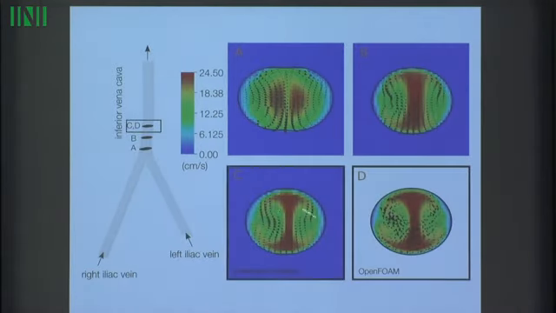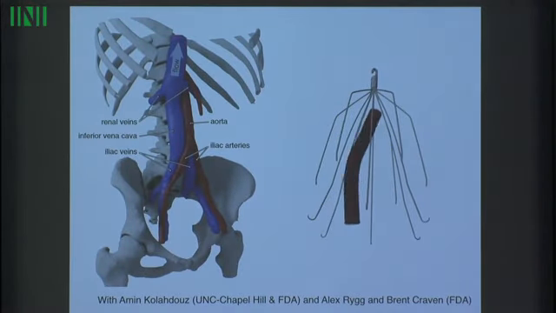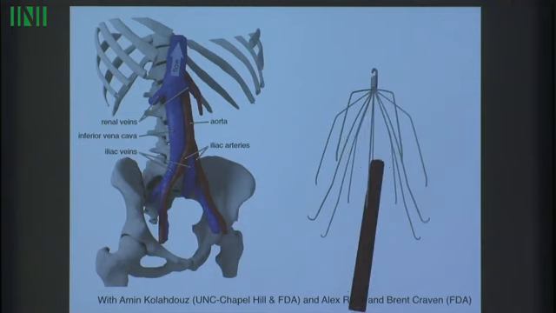And if you compare what you get with this immersed interface formulation and what you get with a body-fitted numerical method, in this case implemented in OpenFOAM, you get excellent quantitative agreement between the two methods. And so ultimately what we want to use this for is actually modeling clot trapping in inferior vena cava filters.